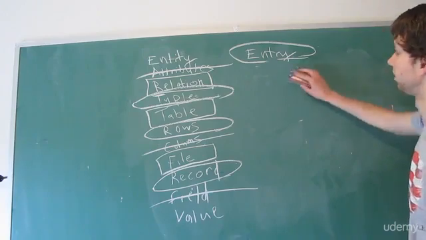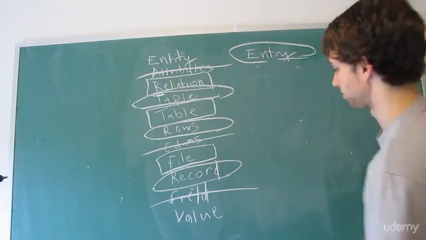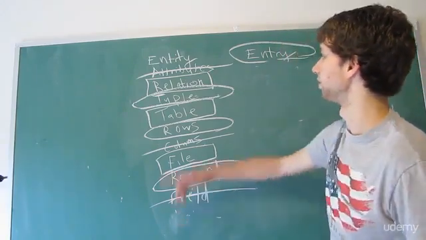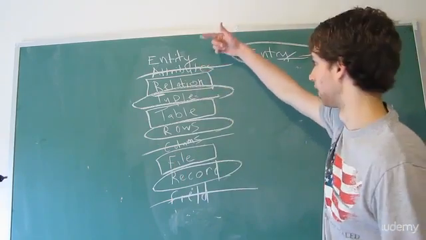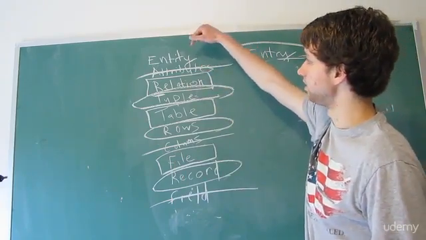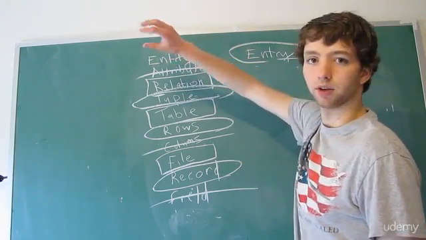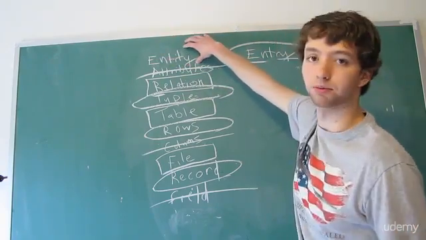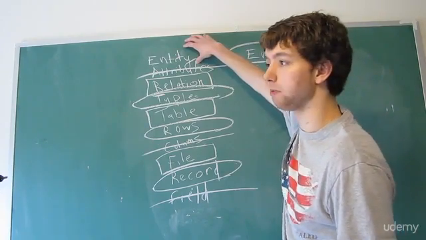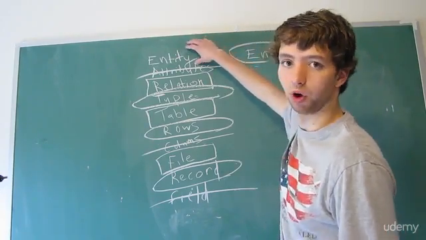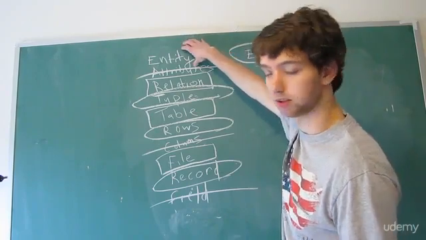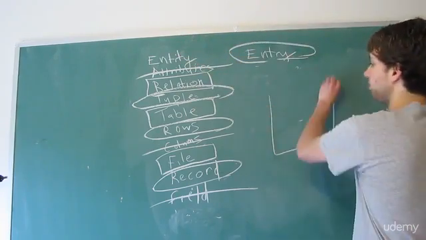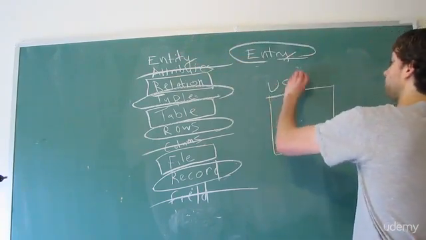Now, entity is what's left that's not circled or crossed out. I don't like to assign this to a row or a table, because an entity is just something we're storing data about. So that could be an individual row, or it could be the table type. For example, we have a table for users.